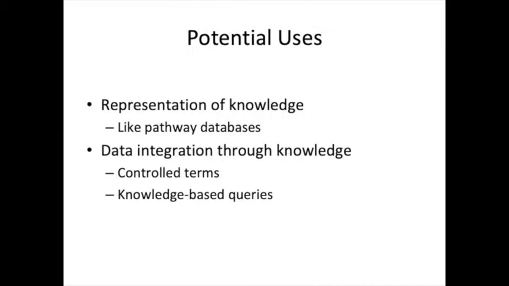And the kinds of developmental pathways that are being learned about in this kind of research are getting very complicated, so this would be one way of representing some of that knowledge in the computer. Another more immediate use would be data integration through knowledge, first through controlled terms, which is just keyword terms, but also through these so-called intelligent or knowledge-based queries.